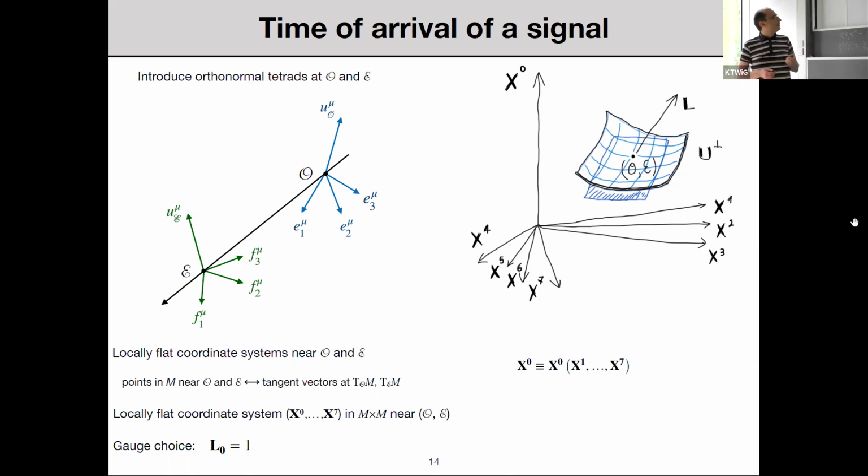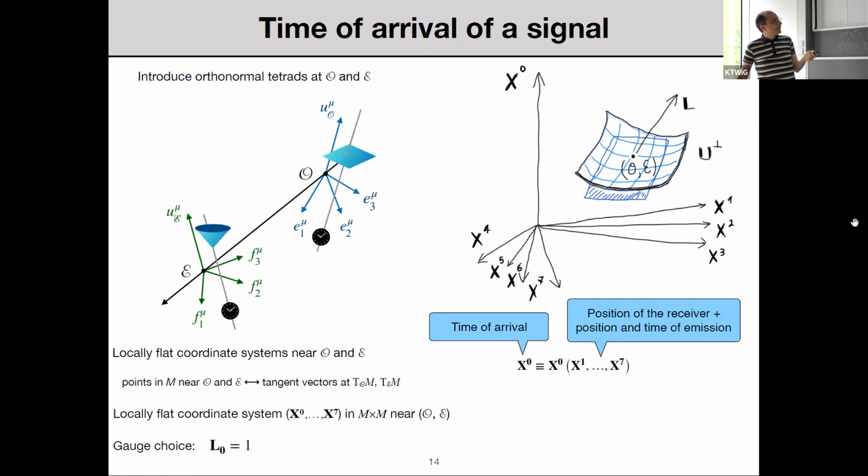It's a special coordinate system with vanishing gammas. Locally Minkowski, locally inertial. Yeah, local inertial is fine. So those would be two local inertial frames with locally inertial coordinate systems.